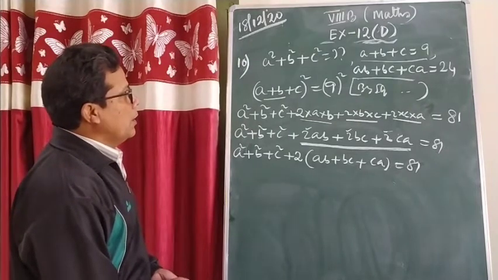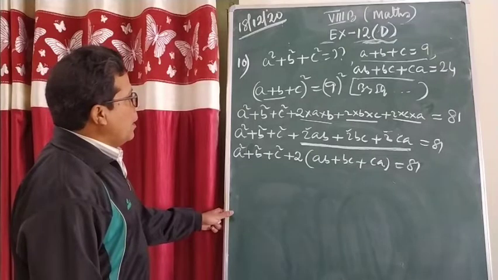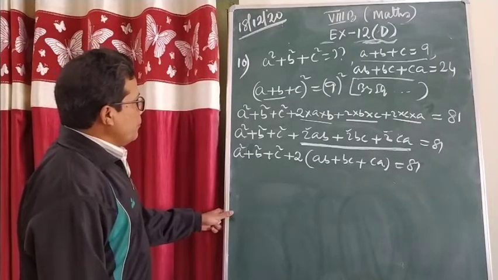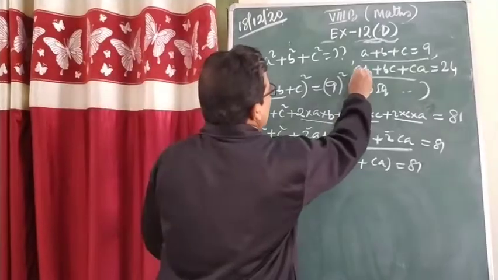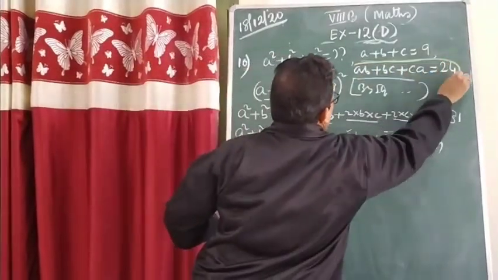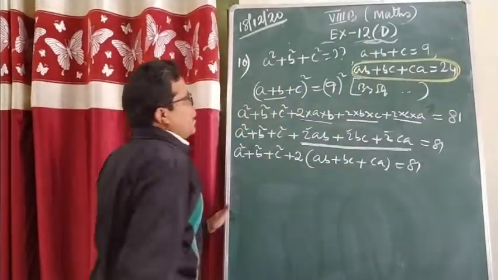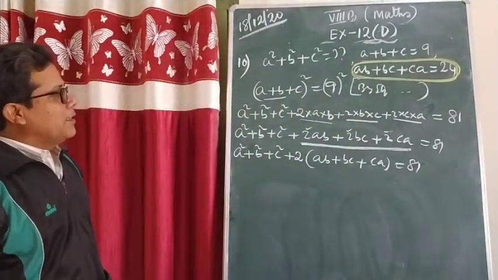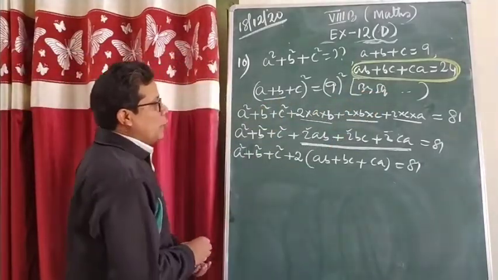Now you see the value of it given there. What value is given there, beta? The value of AB plus BC plus CA is given there, or not? What is the value? AB plus BC plus CA equal to 24.